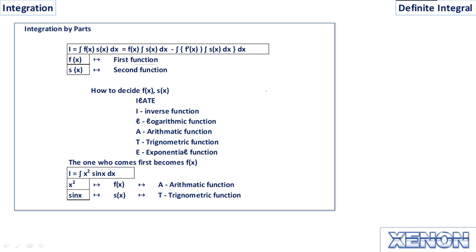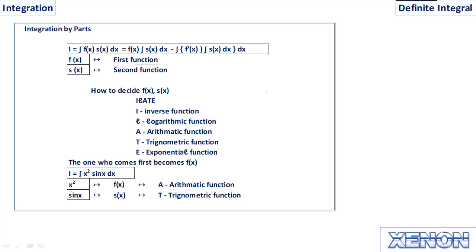Now, integration by parts. When we are getting the integration of f(x) into s(x) dx, when we have two functions simultaneously, we consider f(x) as the first function and s(x) as the second function.